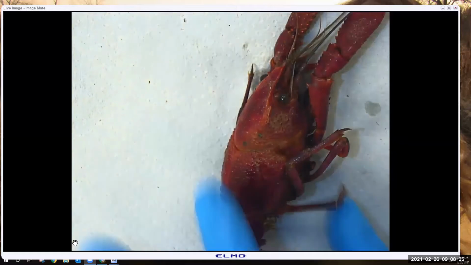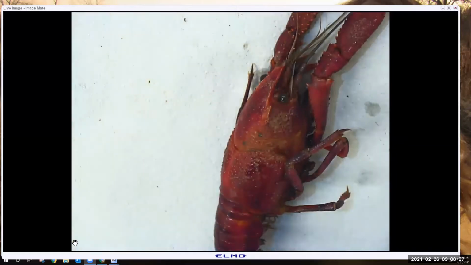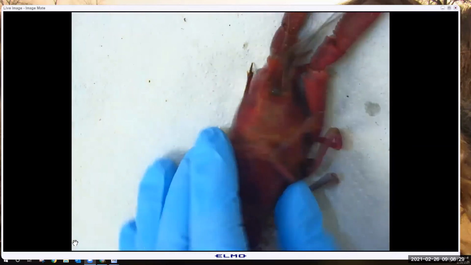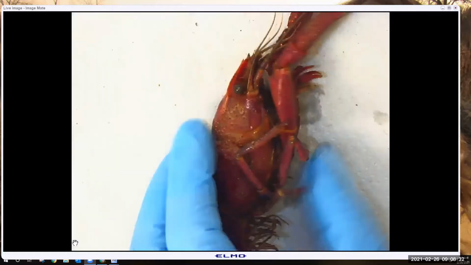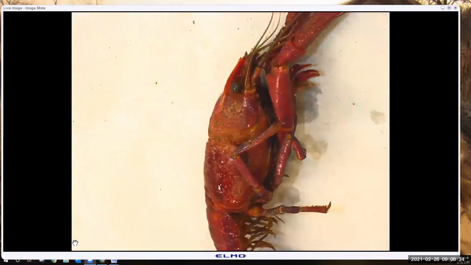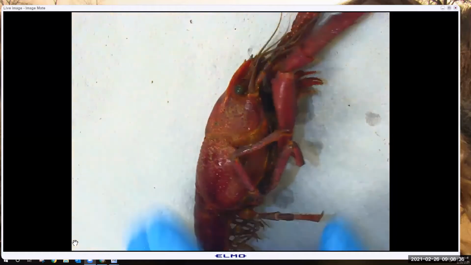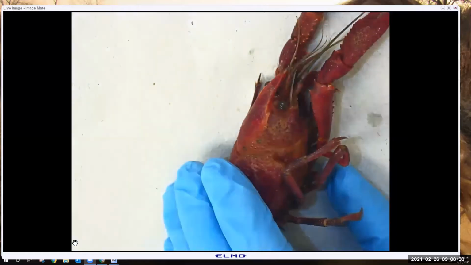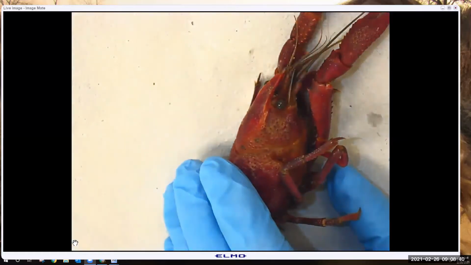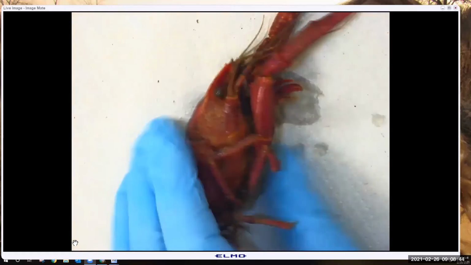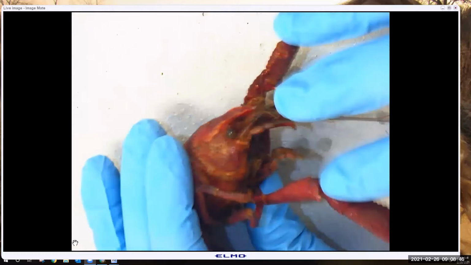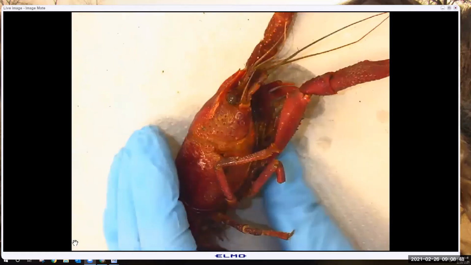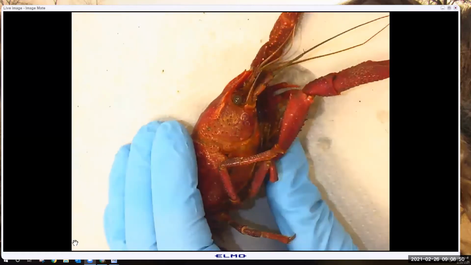What are we thinking about with gills based on what we know about this crayfish's habitat? In the chat, or you can unmute yourself, what would you guess about gills? I'm guessing yes. It's hard for me to show, but he does have gills for sure. He's aquatic, he has gills.